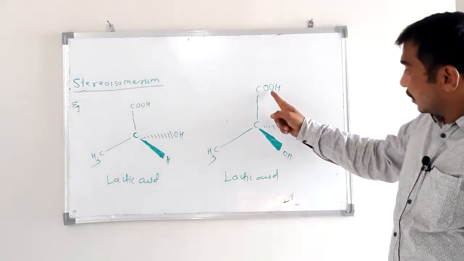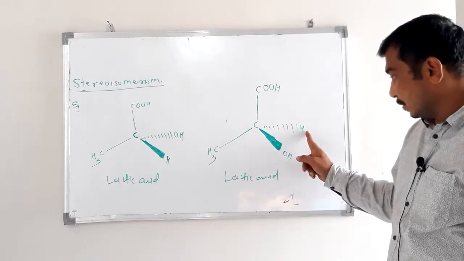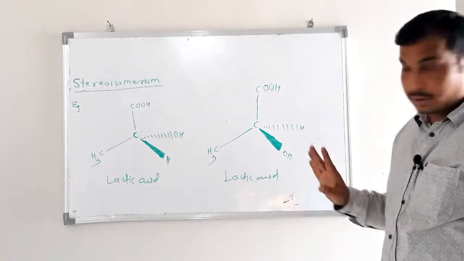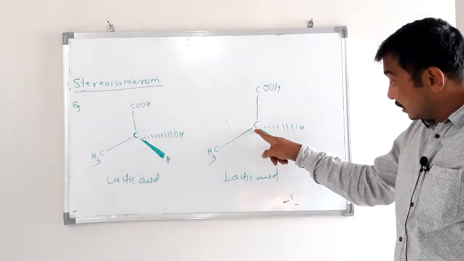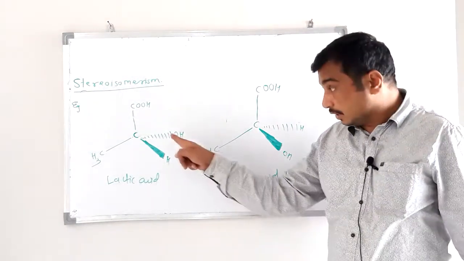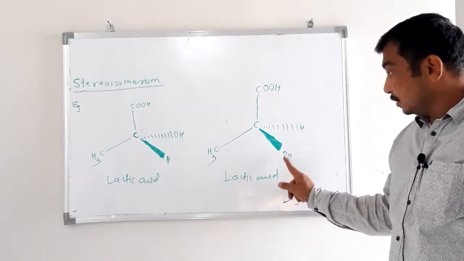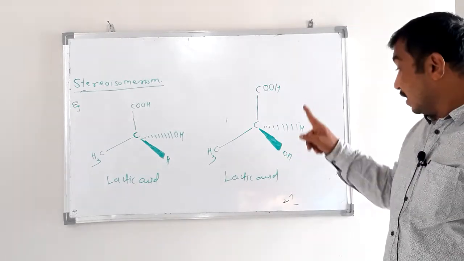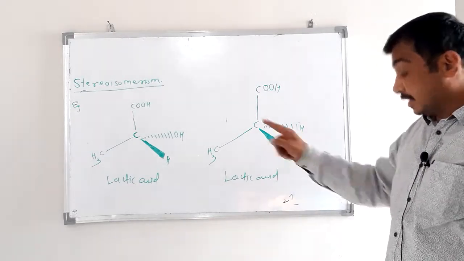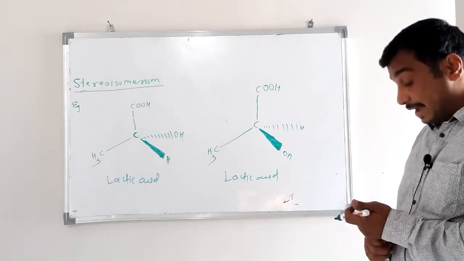See, carboxyl group, methyl group, OH and hydrogen are attached to this carbon, the same thing repeating. Now here the OH group is present on the front side because it is attached to carbon by a wedge bond, and here the hydrogen atom is attached to carbon by a dash bond.